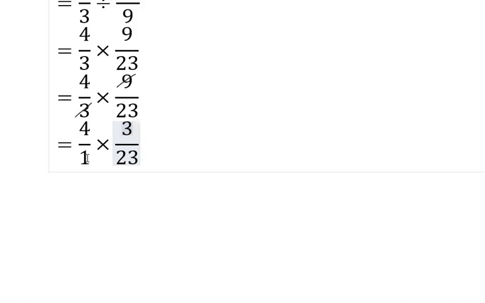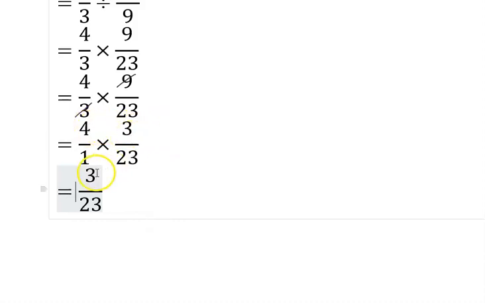Awesome. Is there any number that can still work out? 2 cannot go, 3 cannot go. Okay. Since we don't have any number left, let's try and multiply up and down and see.